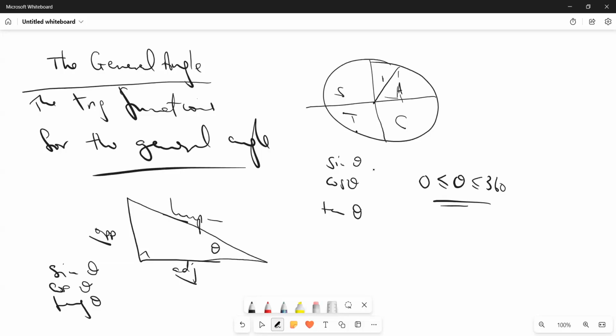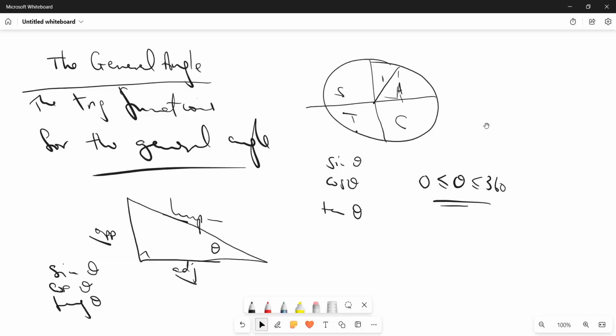Right? So we want to go a little further than we started out with acute angles, angles between 0 and 90. We went on to angles from 0 to 360, so we're going a little further here. We want to go to angles regardless of what they are.